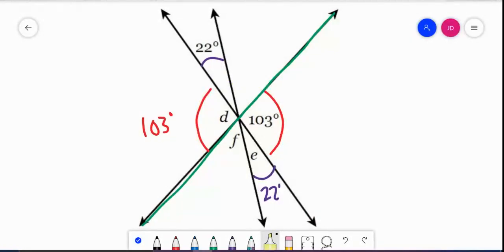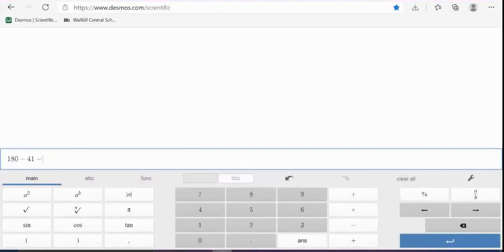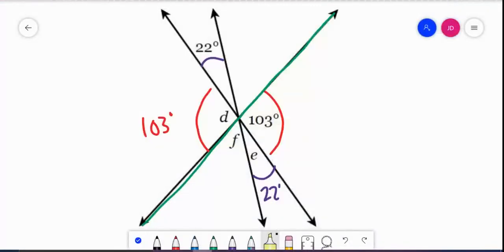So 180 minus 103 is 77, minus 22 is 55 degrees. All right, so this is 55 degrees. And look at that. Right across from it is its vertical angle right here, F, which is 55 degrees. Add all these numbers together, you'll get 360. That's always a way to check in at the end, okay?